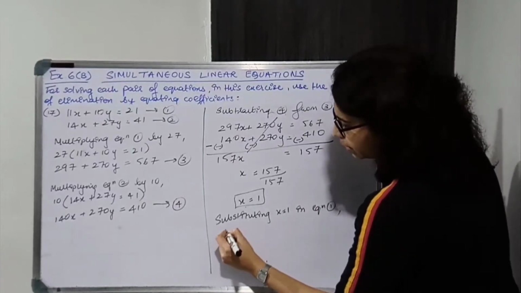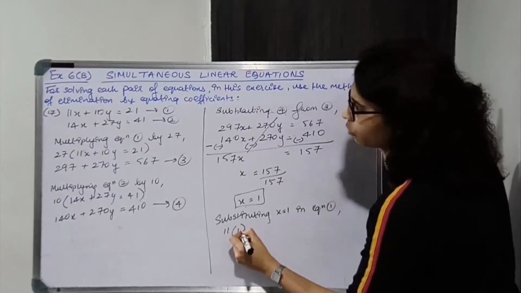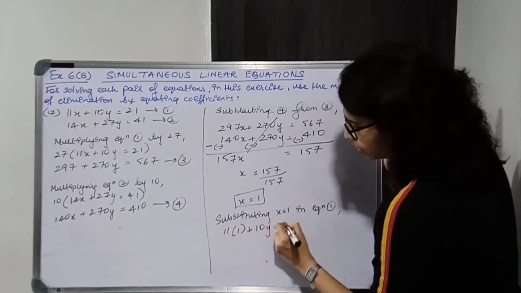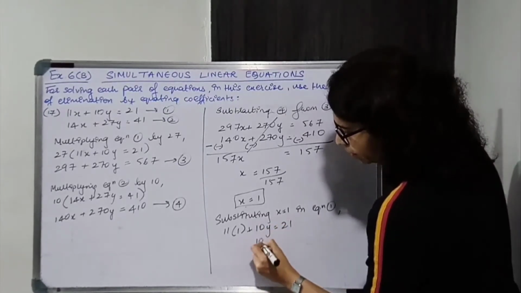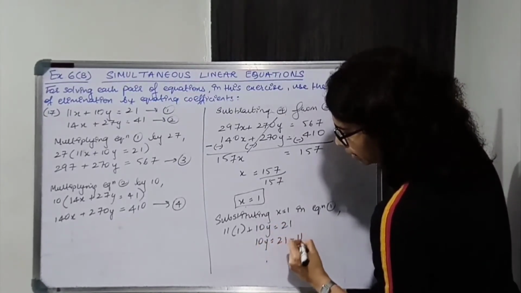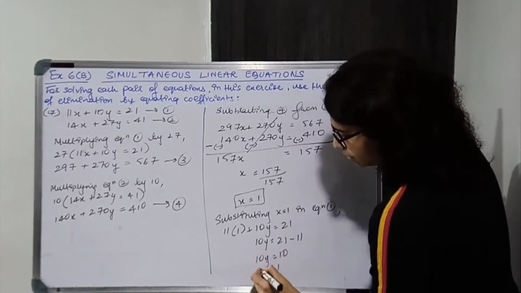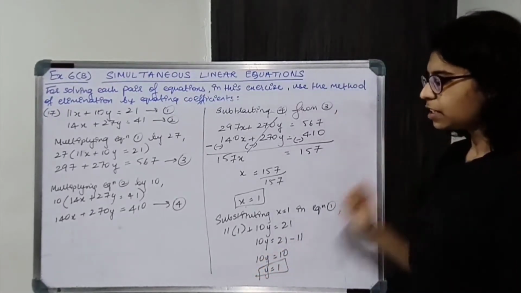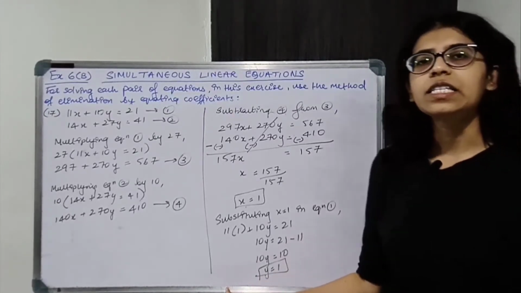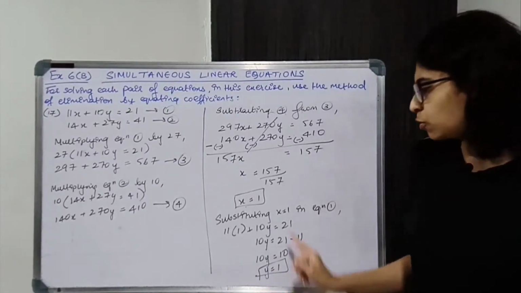So 11x, that is 11 into 1 plus 10y is equal to 21. So 10y is equal to 21 minus 11, that is 10y is equal to 10. So y is 1. So write down the final answer after this. X is equal to 1 and y is equal to 1. Both the values we are getting as 1.